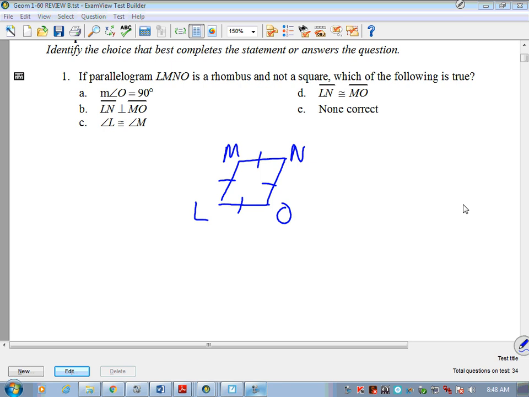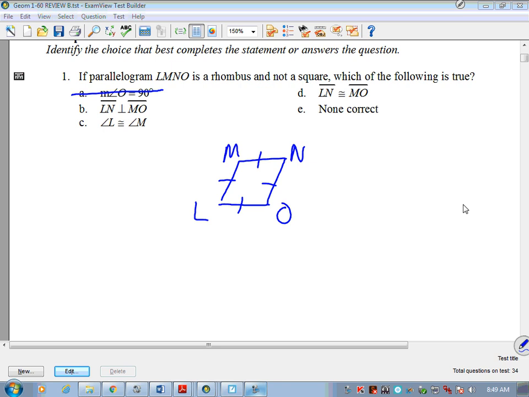Okay, now let's look at some information here. It says measure angle O is 90 degrees. Well, if measure angle O was 90 degrees, it would force all my other angles to be 90 degrees. My rhombus would end up becoming a square because it would make it a rectangle. A rhombus that is a rectangle is a square, so that won't work. We want it to not be a square.